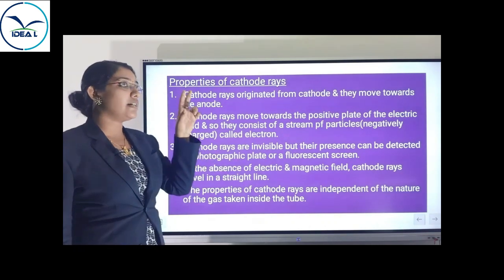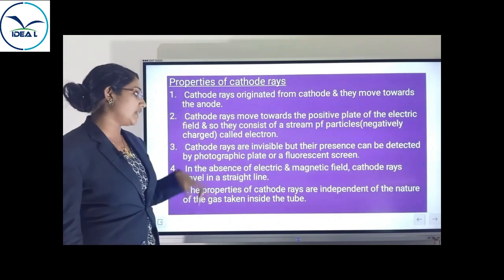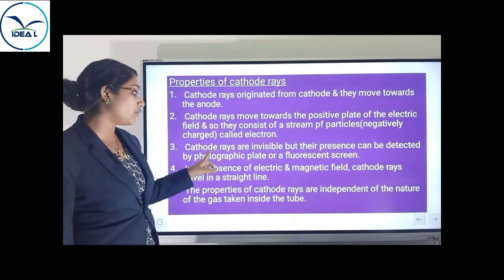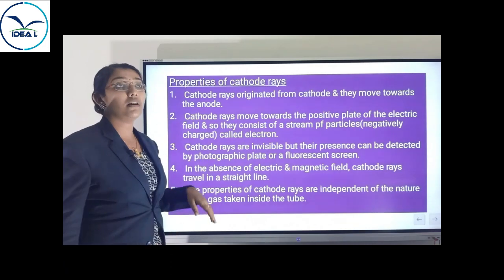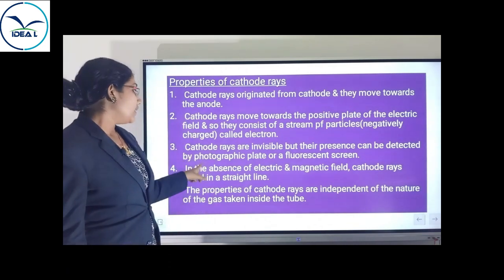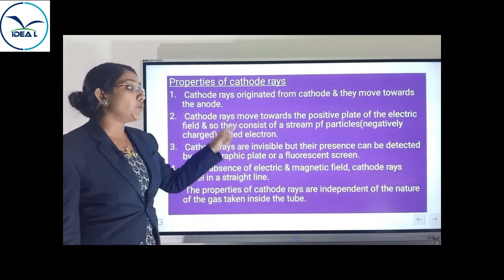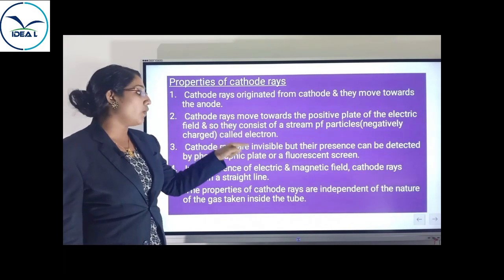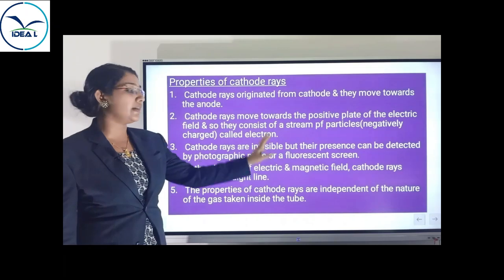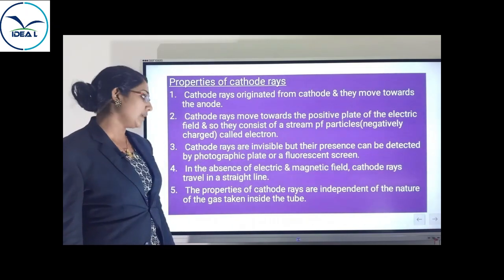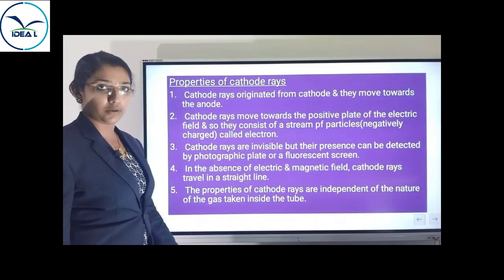In the picture of the discharge tube experiment in the textbook, you can see a photographic plate placed behind the discharge tube. It is used to detect the presence of cathode rays, either by using a photographic plate or a fluorescent screen. That is the third property of cathode rays.